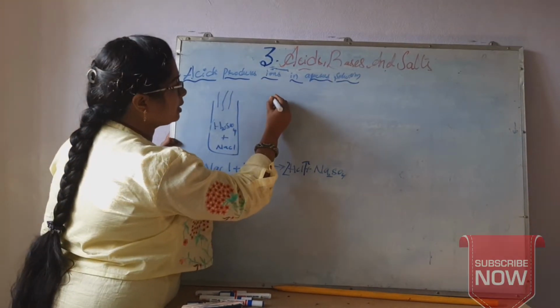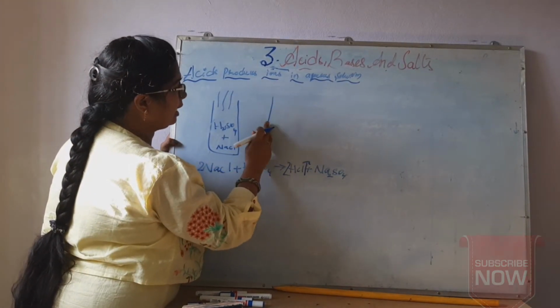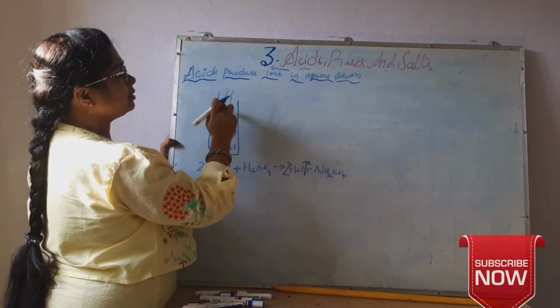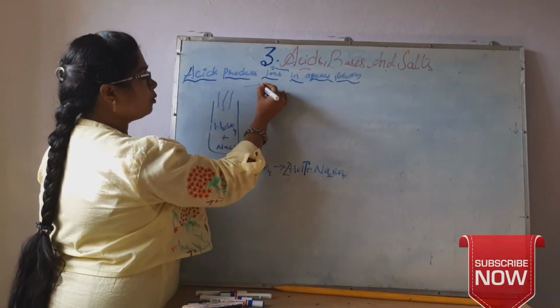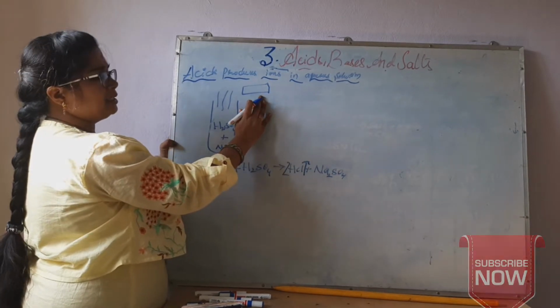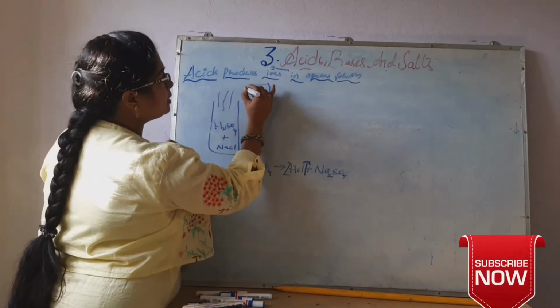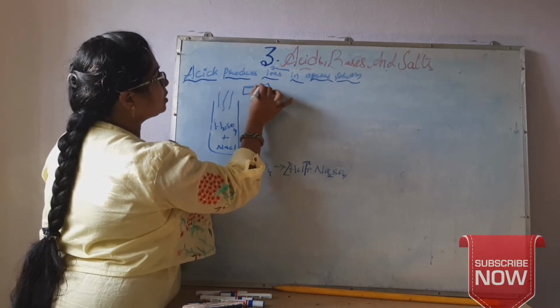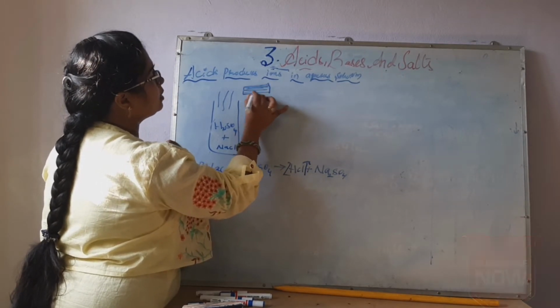Take one container, and first test with dry blue litmus paper. This is blue in color. You test the dry blue litmus paper.